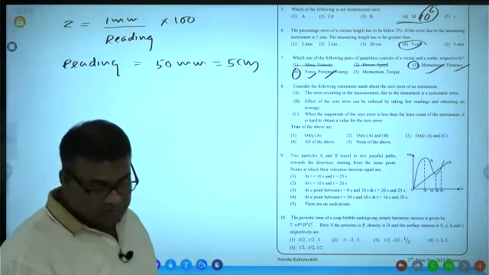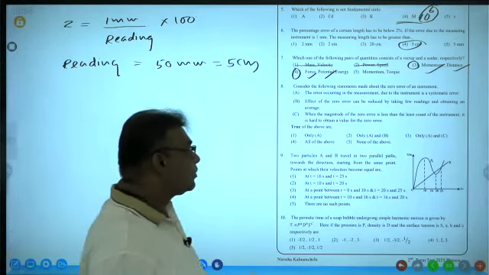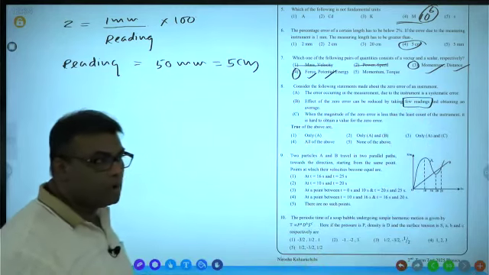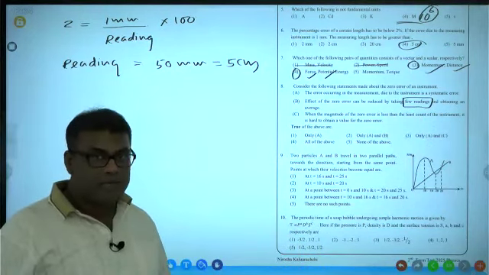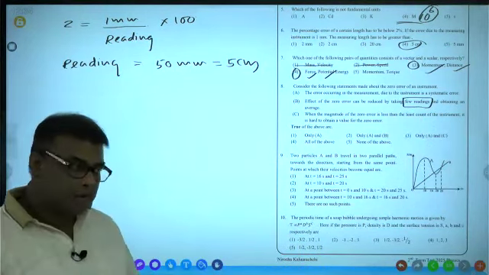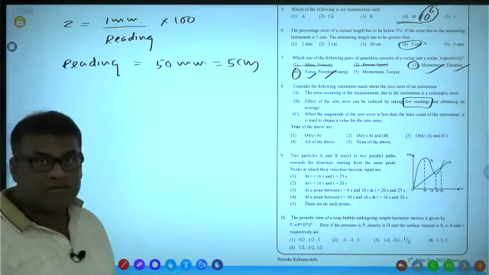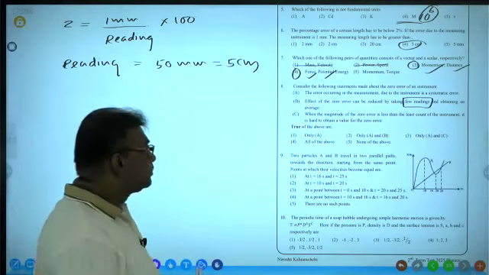B, the effect of zero error can be reduced by taking several readings. Wrong. Reading error can be reduced by taking several readings, but not this one.